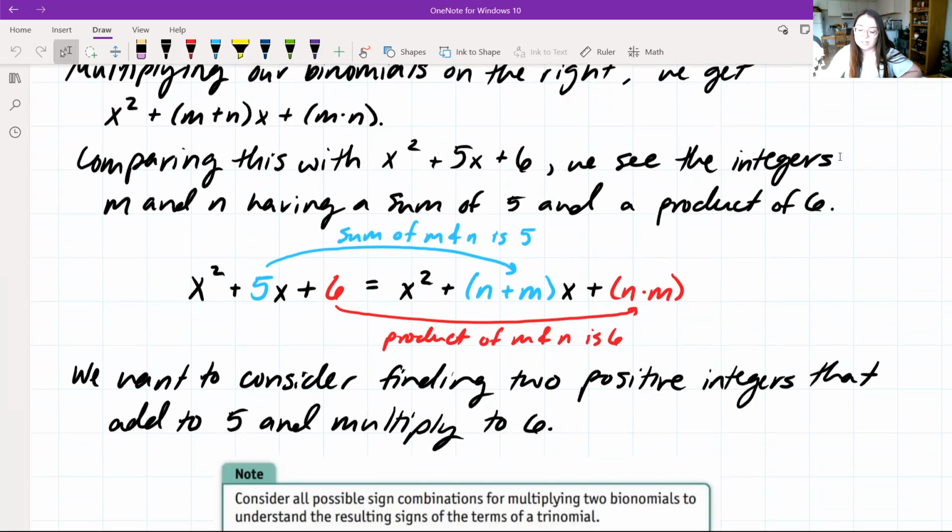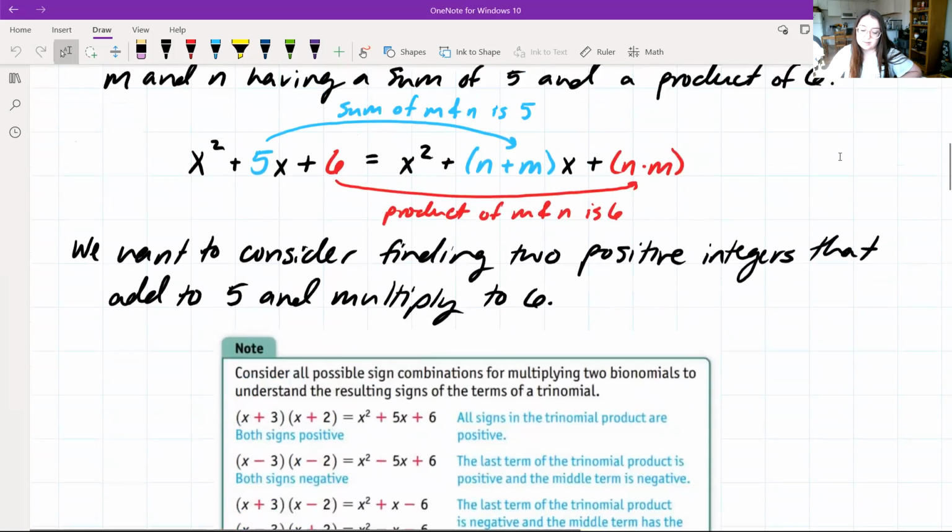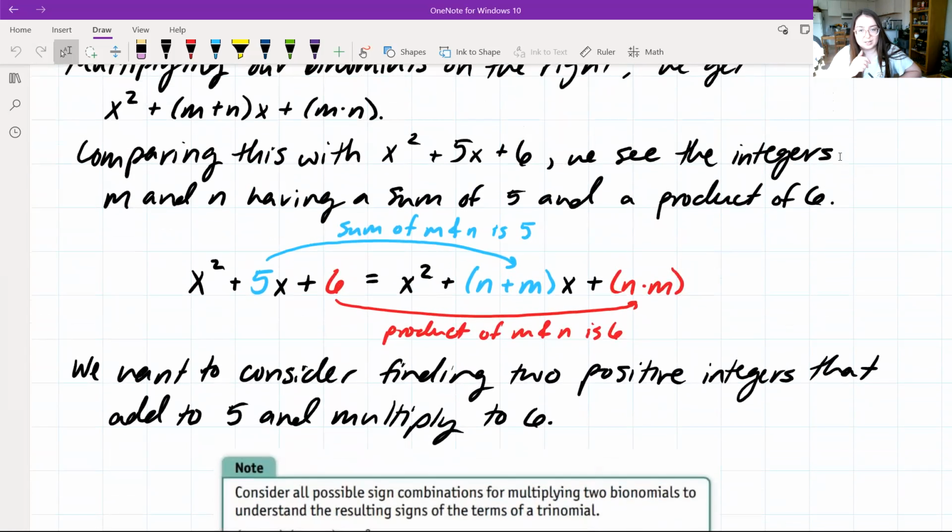So we want to consider finding two positive integers that add to 5 and multiply to 6. These numbers in this case would be 2 and 3. So this would simplify to x plus 2 times x plus 3.